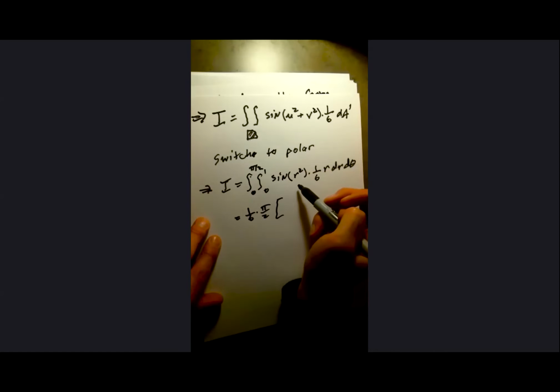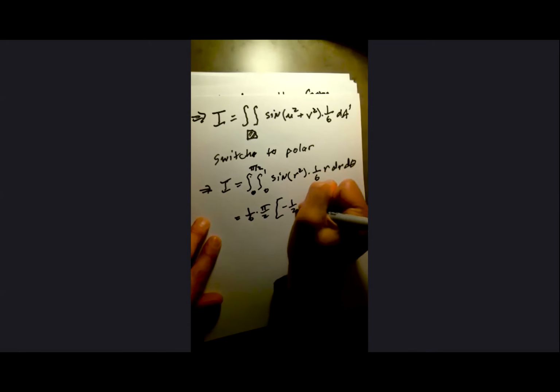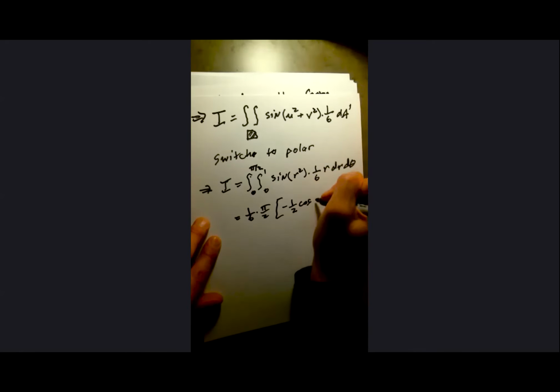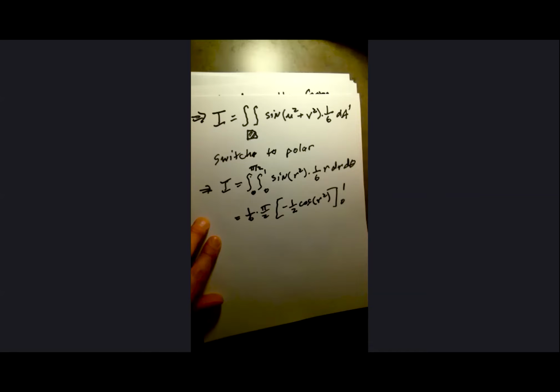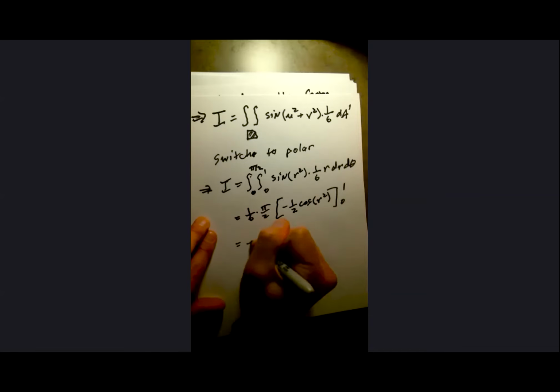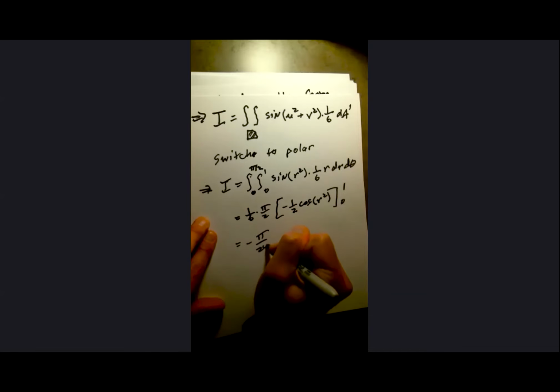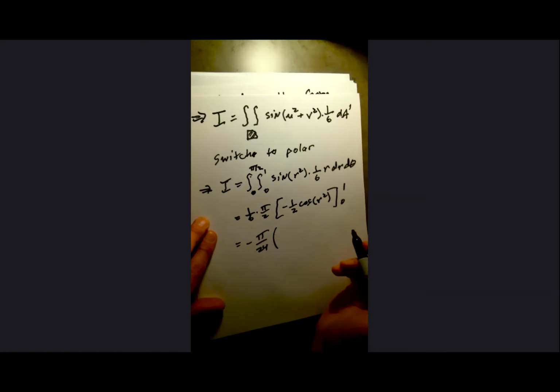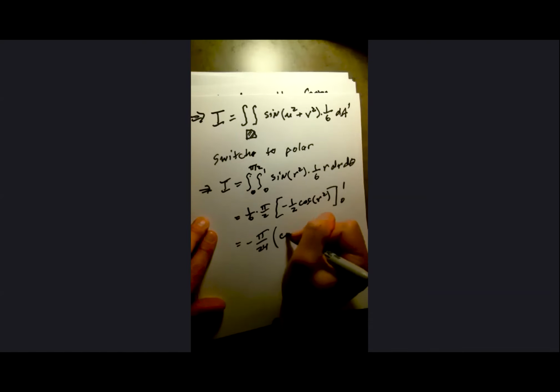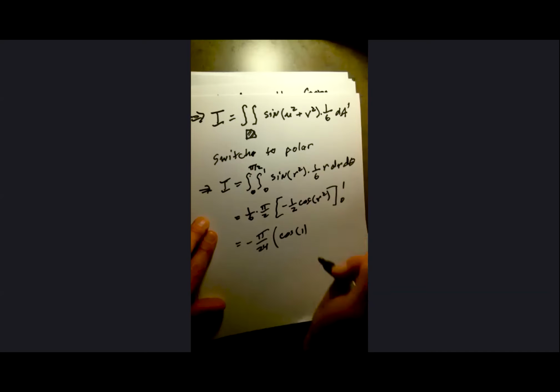Antiderivative of sine r squared times r is going to be negative 1/2 cosine r squared from 0 to 1, minus pi/24 times, looks like cosine of 1 minus 1.